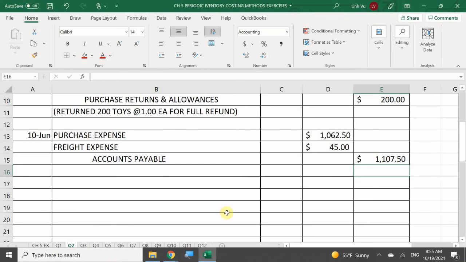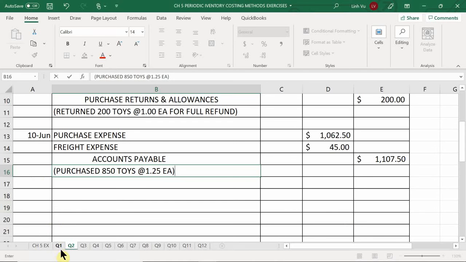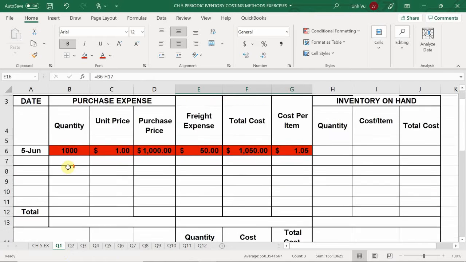Good. Okay. And what I'm going to do is make note here again that I purchased 850 toys at $1.25 each. Okay. So now let's plug those into our inventory worksheet.